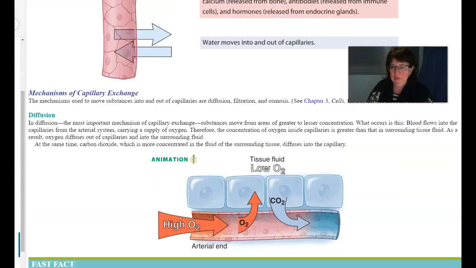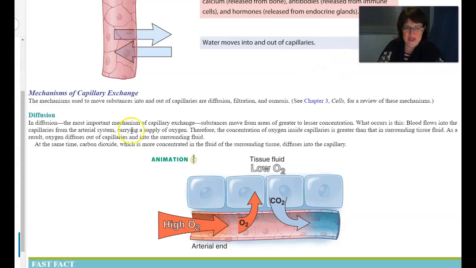So when we're looking at the movement in and out of capillaries, usually it's diffusion. If there's a high concentration, say in the capillaries, as they go towards the tissues, there's a high concentration of oxygen.